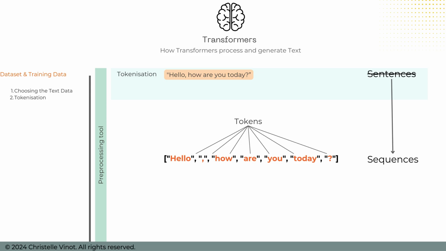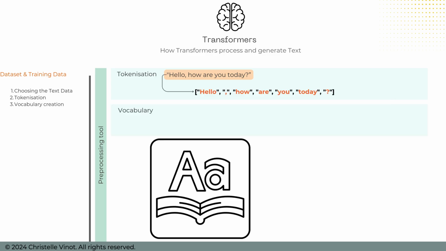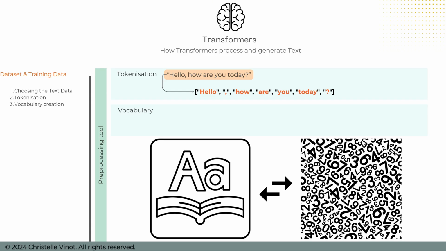process and understand. Next, we move on to vocabulary creation. Since the model operates on numbers, it can't directly understand words. To bridge this gap, the pre-processing tool creates a vocabulary list that maps each token to a unique number.